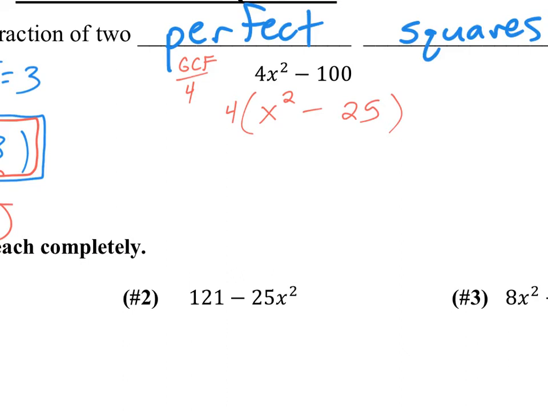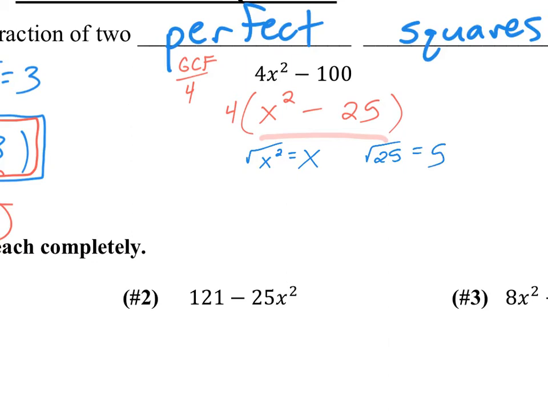Now, if you look at just the parenthesis part, what do you notice about x squared and 25? They're both what? Difference of squares. We're going to do a difference of squares because they're both perfect squares. All right, so I'm going to change colors. We're going to do the square root of x squared and the square root of 25. So the square root of x squared is x, and the square root of 25 is 5.